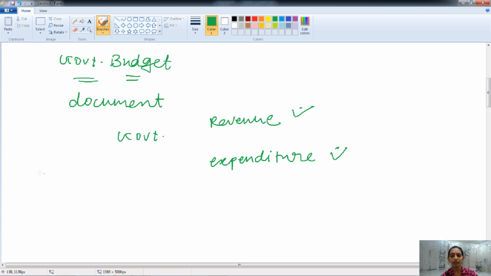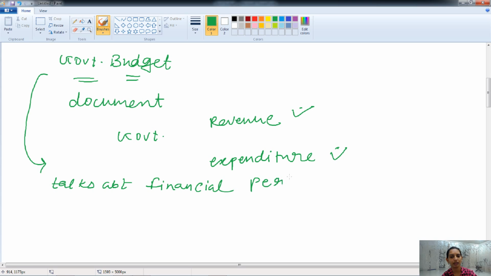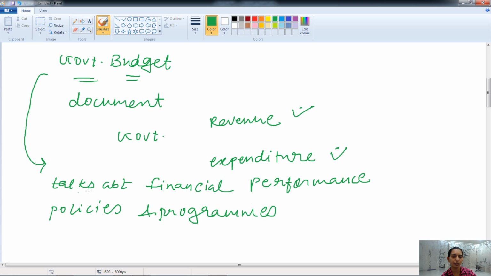Here each and every individual is eager to know about the government budget. Why are they eager to know about it? Because the government budget talks about the financial performance of the government over the last year. The government budget also talks about the policies and programs that will be implemented in the current financial year.